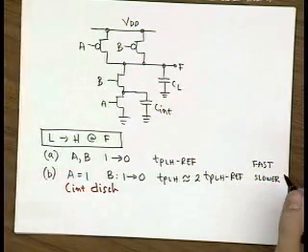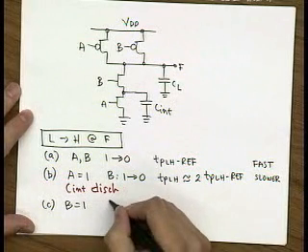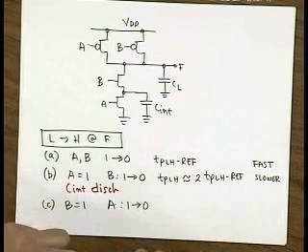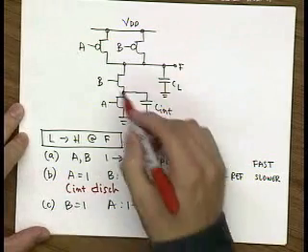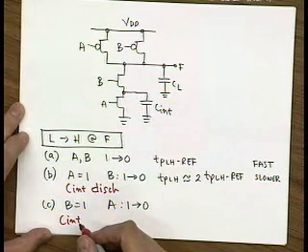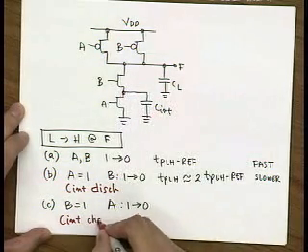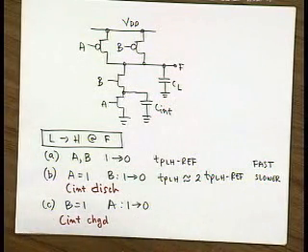And let's analyze finally the third case. So let's say now B is equal to 1, and A goes 1 through 0. So when this happens, basically you have B is equal to 1, C intrinsic is going to be charged.